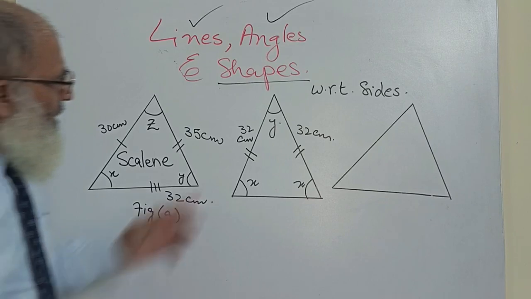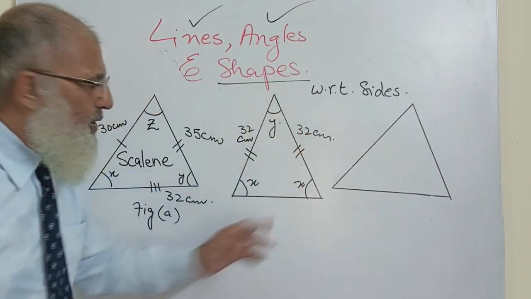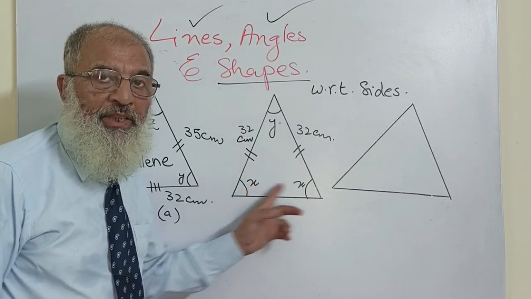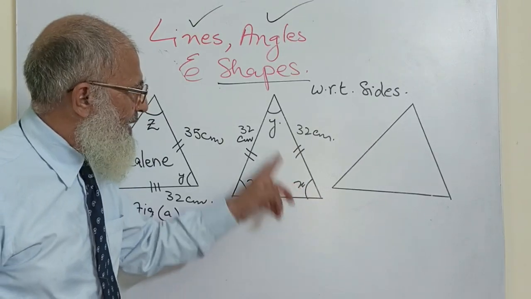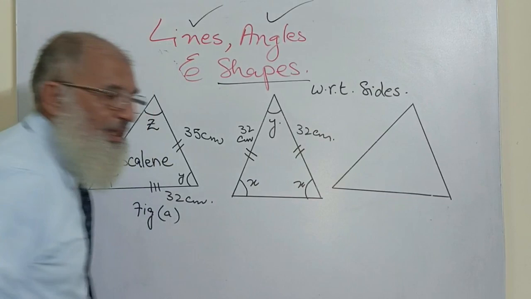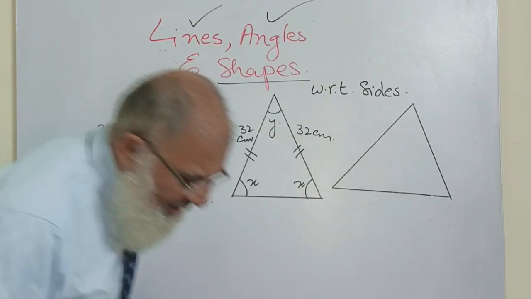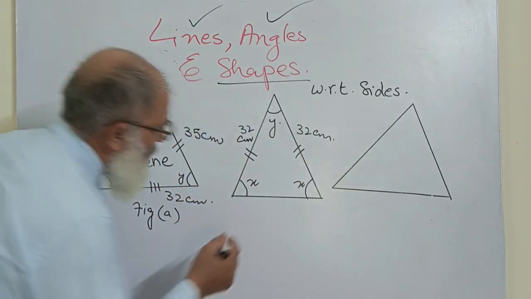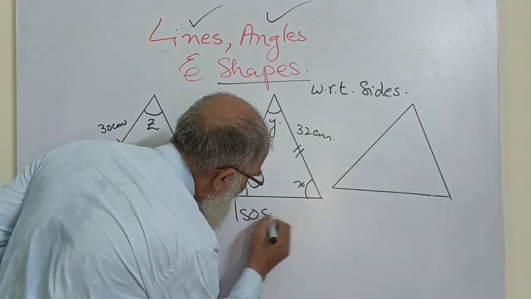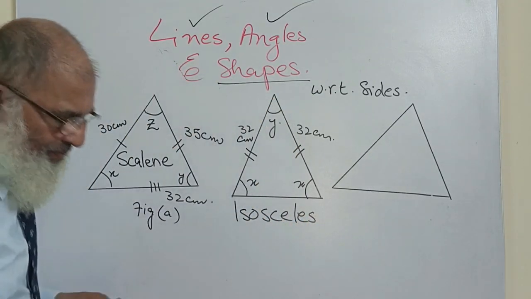Then this triangle is said to be an isosceles triangle.